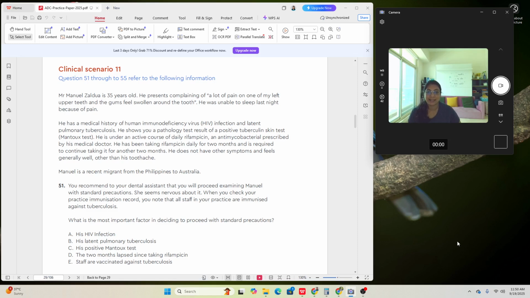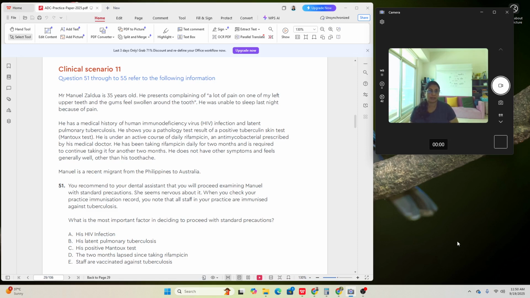Because you're just examining him. Examination is not involving any invasiveness which would cause any blood release from the gums or the tooth. So, the most important factor when you're just examining a patient with latent tuberculosis is his latent pulmonary tuberculosis history.